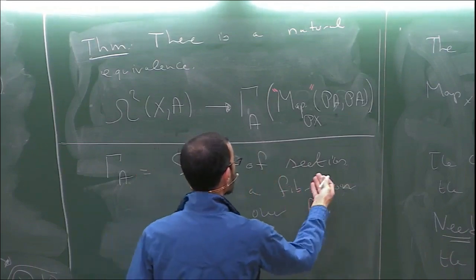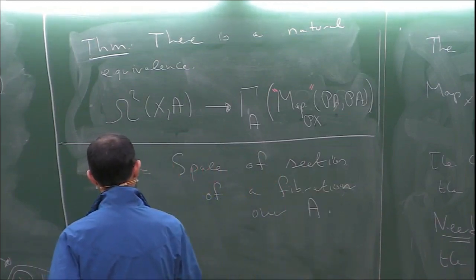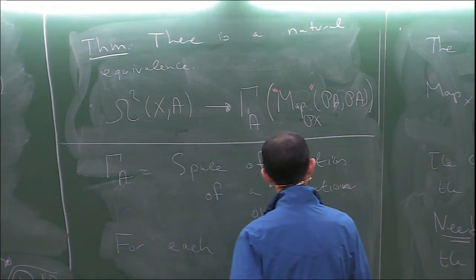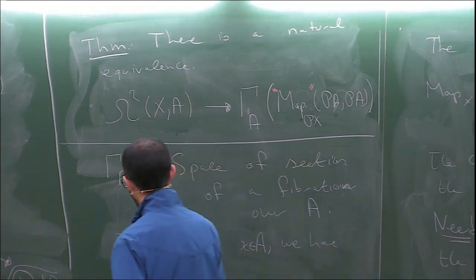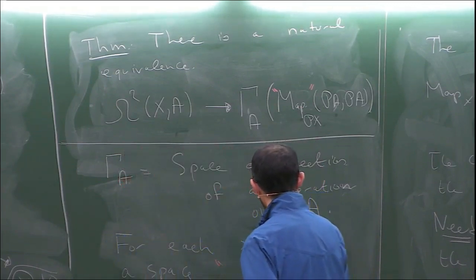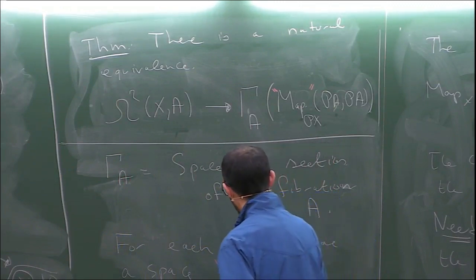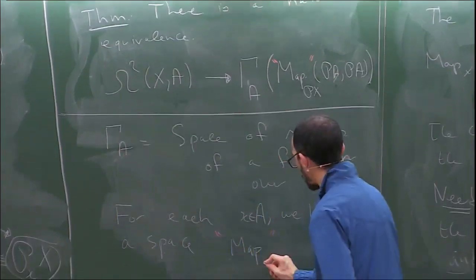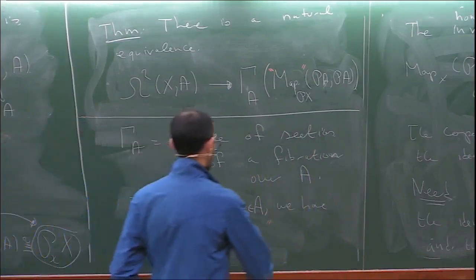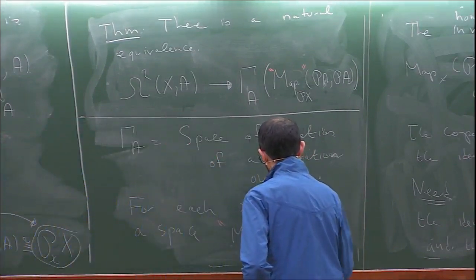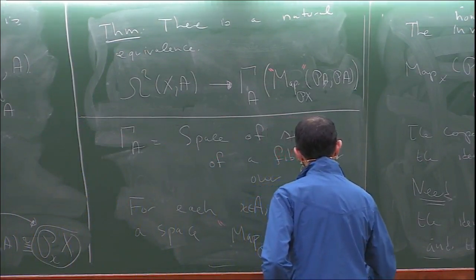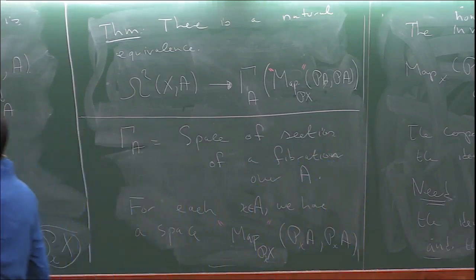Space of sections of which fibration? For each x in A, we have a space. And now I'm going to put again, between quotes, maps over P, over this, x from PXA to PXA. It's the same as before in some sense.